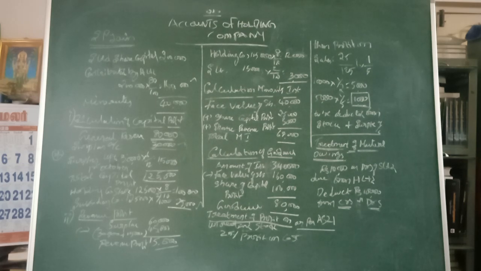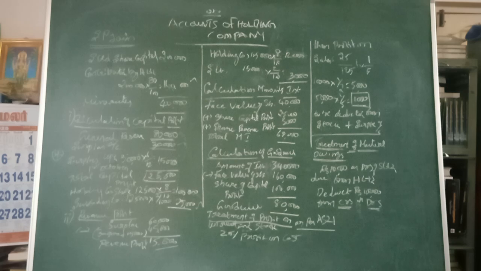This 1,000 rupees is taken as unrealized stock, that is, a profit accounted without sales, so it should be deducted. From where should this be deducted? One effect: it should be deducted from the profit in the balance sheet.